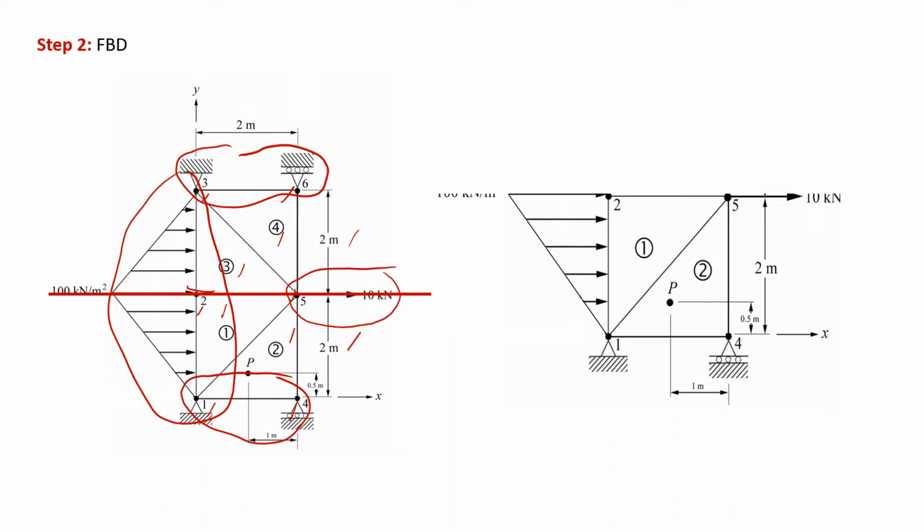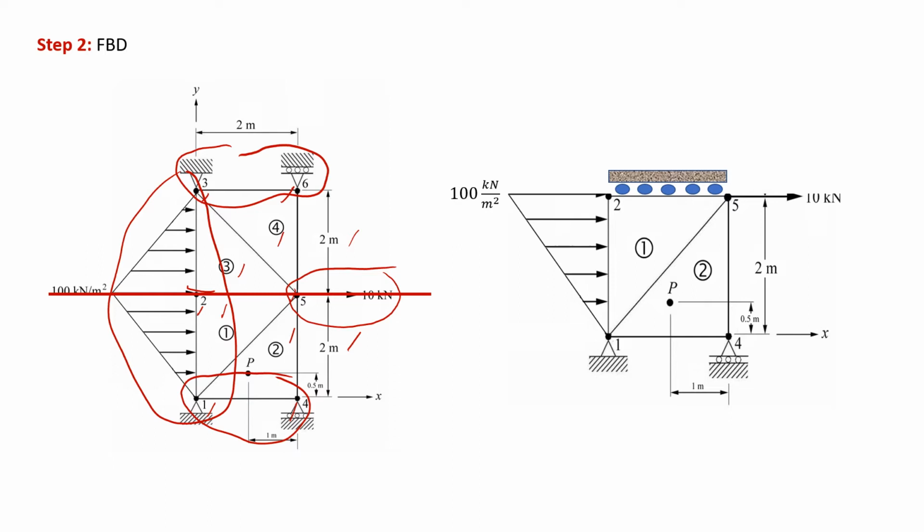Once we cut, the boundary condition at the edge that was cut, which is 25, will become a fixed roller boundary condition. The pressure remains the same as it depends on the thickness as well as the element length. Therefore, the pressure is still 100 kN per meter square.